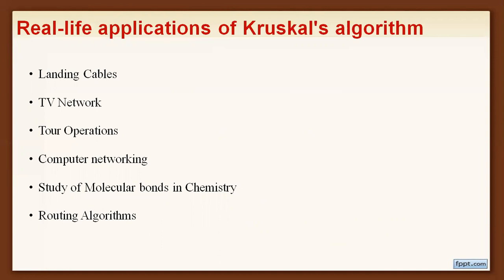The second one is TV network, television network. Nowadays at home, everybody has D2H networks or television networks. There is a central point, and from the central point we need to establish a connection to each and every house. For that also we need to identify the shortest path or network for wiring the TV network.